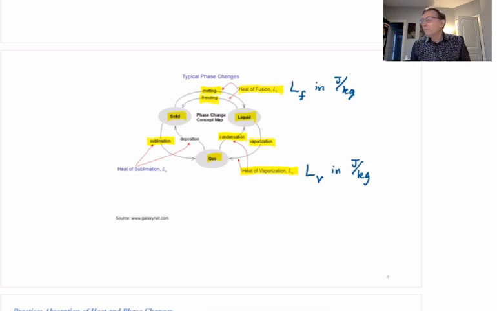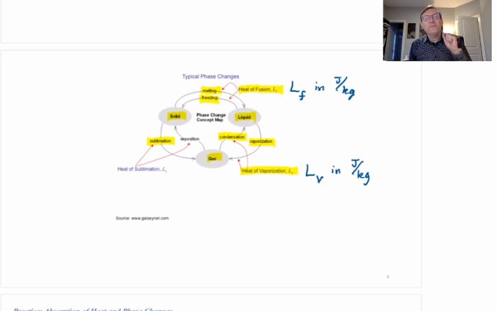Dry ice is a common example of a material. Dry ice is just solid carbon dioxide. That material happens to go at atmospheric pressure directly from the solid phase, dry ice, solid CO2, to the gas phase, gaseous CO2, by sublimation.